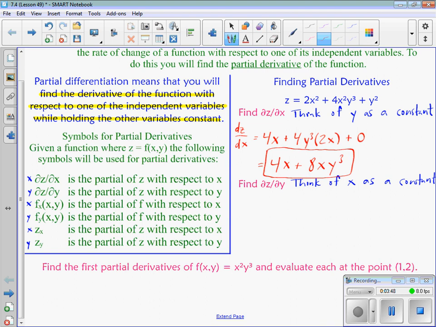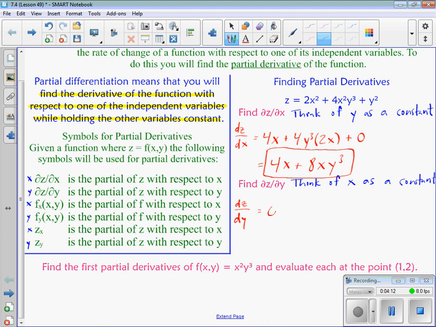We're going to use the same function here and take the derivative with respect to y. So what is the derivative of 2x squared? 0, because it's all constants, right? X is your constant now.